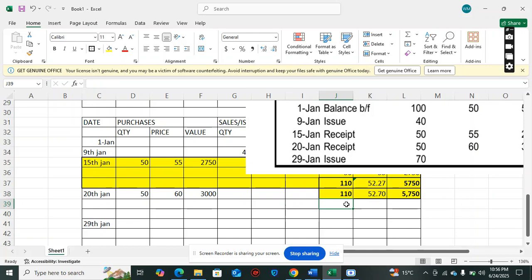Then we got these 50 units valued at 60 kwacha. Oh, 52.27. Thank you for that.